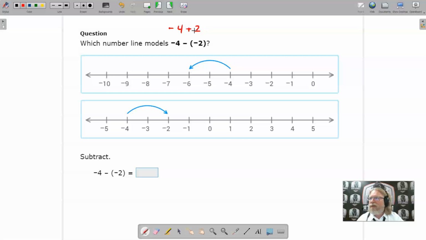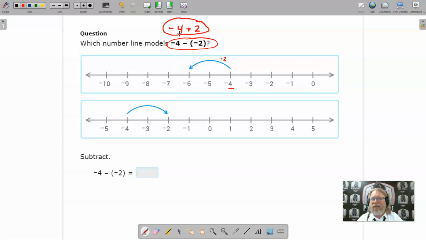So now it's addition, and we're looking to start at negative 4 and add 2. Here we're starting at negative 4, but we're subtracting 2, because it's going back to the left. Think back to our rules from adding integers, because that's what we're doing now. We just changed this statement of subtraction to a statement of addition instead.